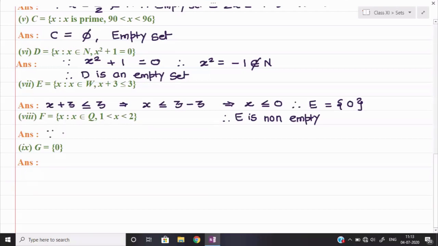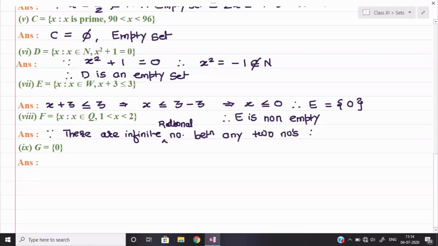Since there are infinite rational numbers between any two numbers, we should write here, infinite rational numbers between any two numbers.